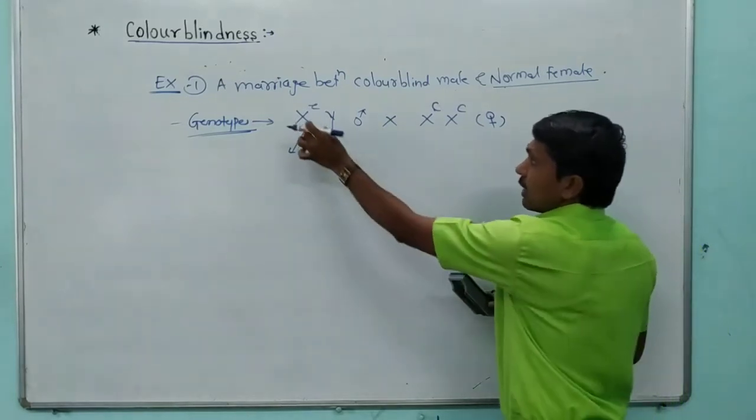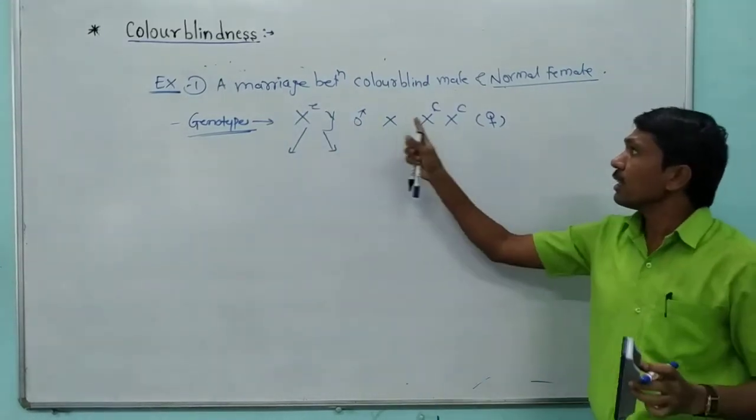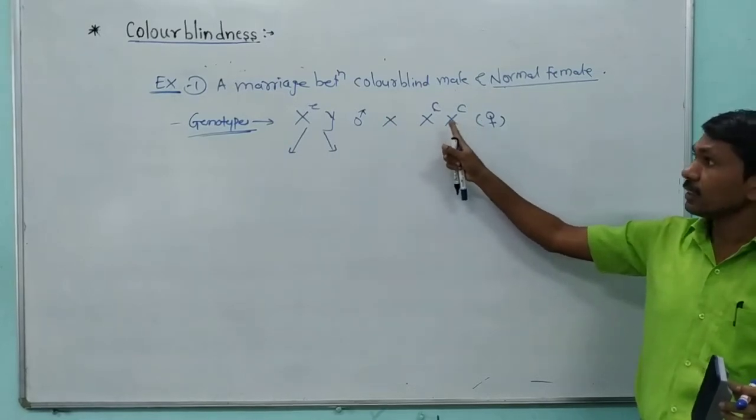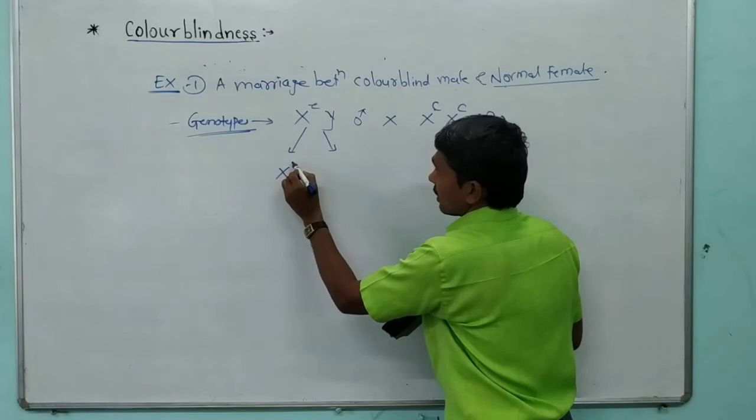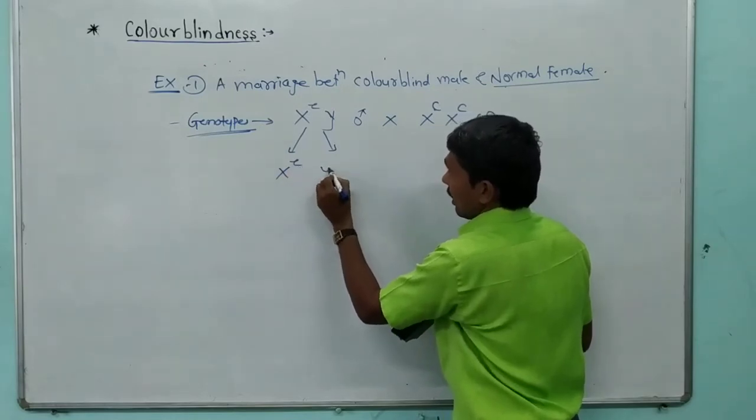The genotypes are X small c Y and X capital C X capital C. Write their gametes: X small c and Y.